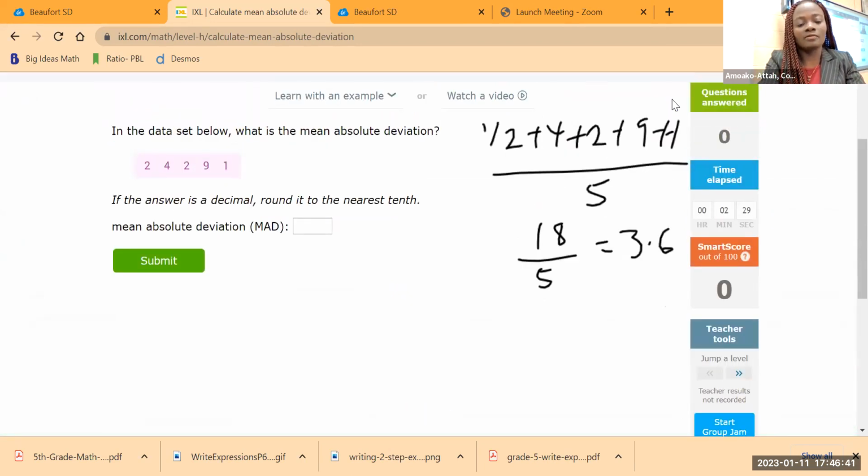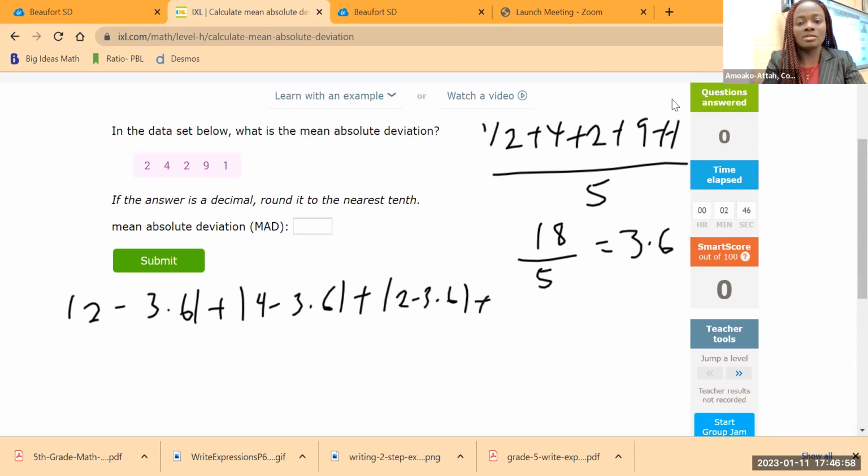All right, so we have the absolute value of 2 minus 3.6, plus the absolute value of 4 minus 3.6, plus the absolute value of 2 minus 3.6, plus the absolute value of 9 minus 3.6, plus the absolute value of 1 minus 3.6.